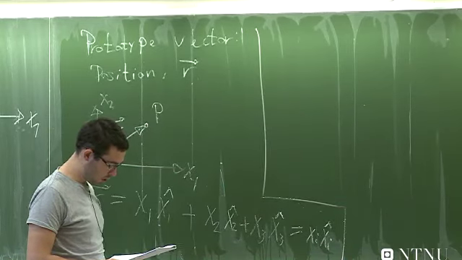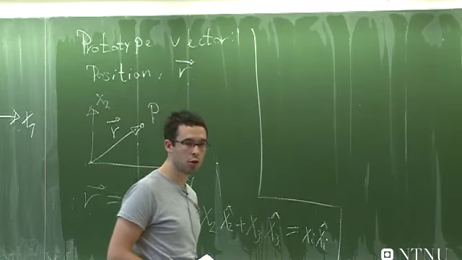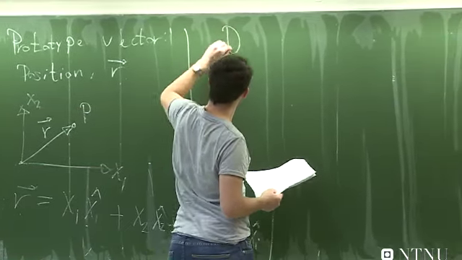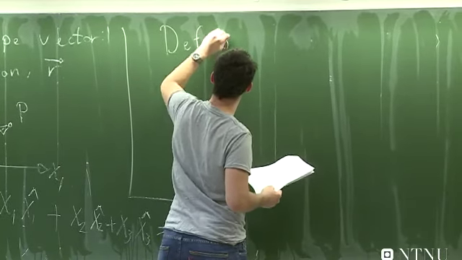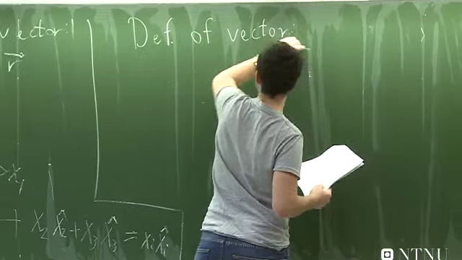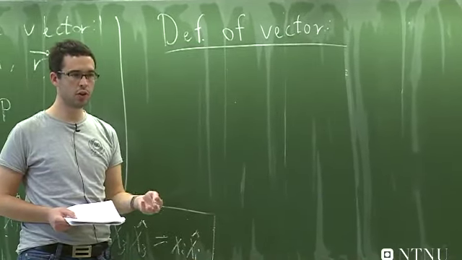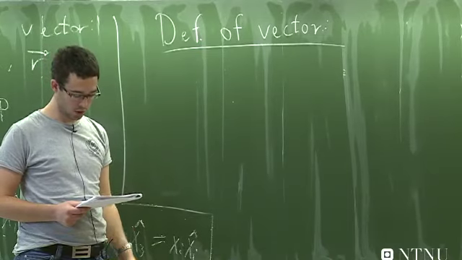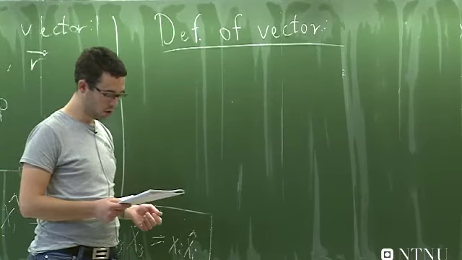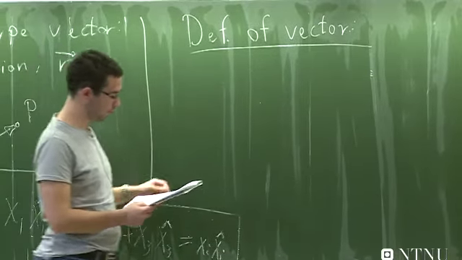Right. Now, to define what is really a vector, we use the following definition in this context. And that is that the three numbers v1, v2, v3, the components of v, those are the components of a vector if they transform like the components of the position vector.